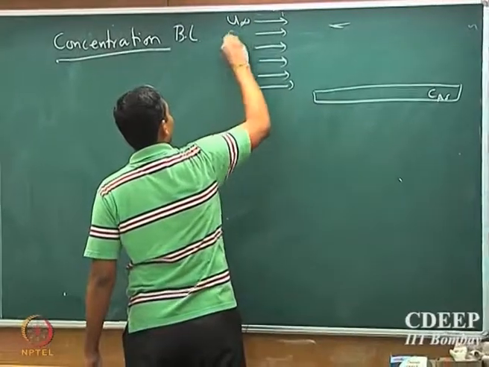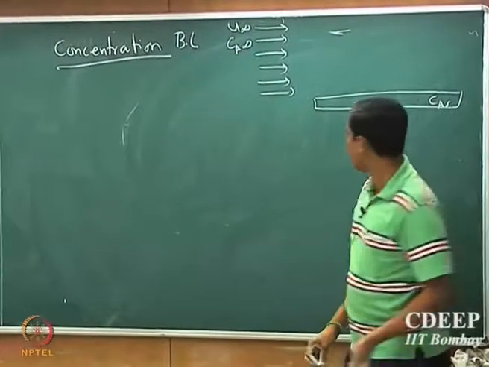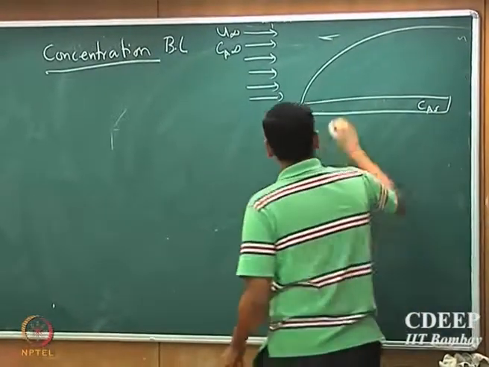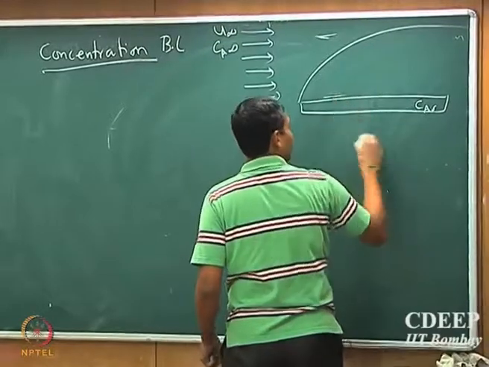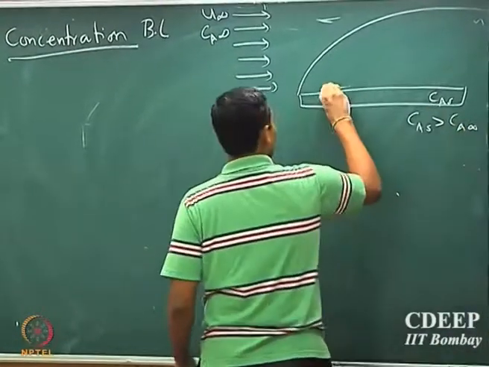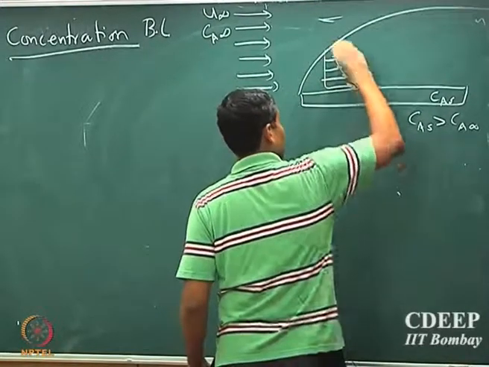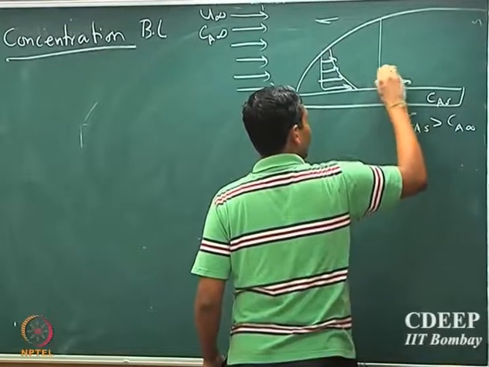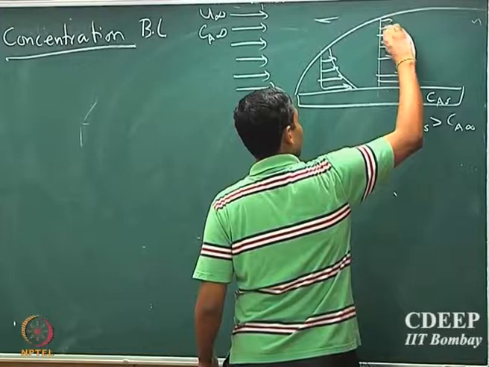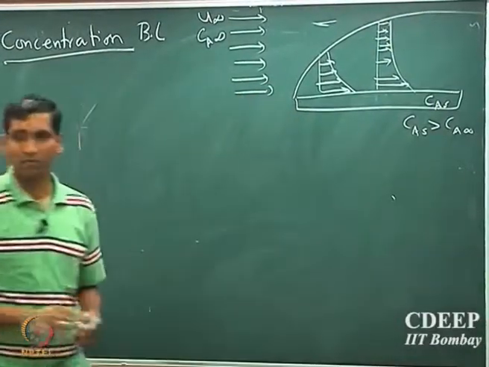The fluid velocity is u infinity and the concentration of the species is CA infinity, and you have a concentration boundary layer. Okay, and the profiles are very similar. If I assume that CAs is greater than CA infinity, that's the kind of concentration profile that you would expect in the boundary layer.